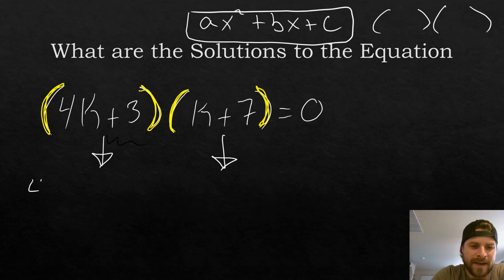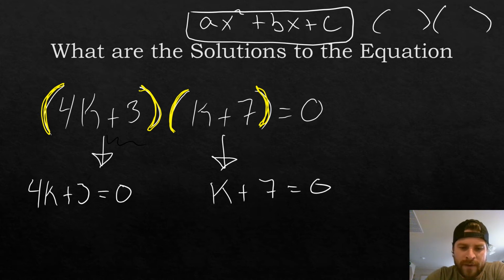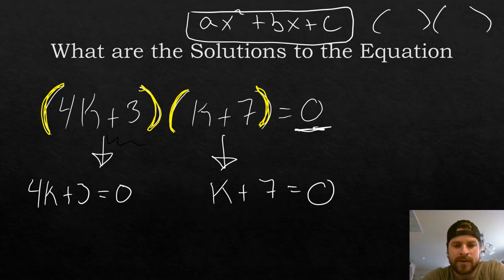For the first one, say 4k plus 3 equals 0. For the second binomial, say k plus 7 equals 0. As long as one of those is 0, we know we will get a product of 0 at the end. So let's solve each one and we'll get our two possibilities.